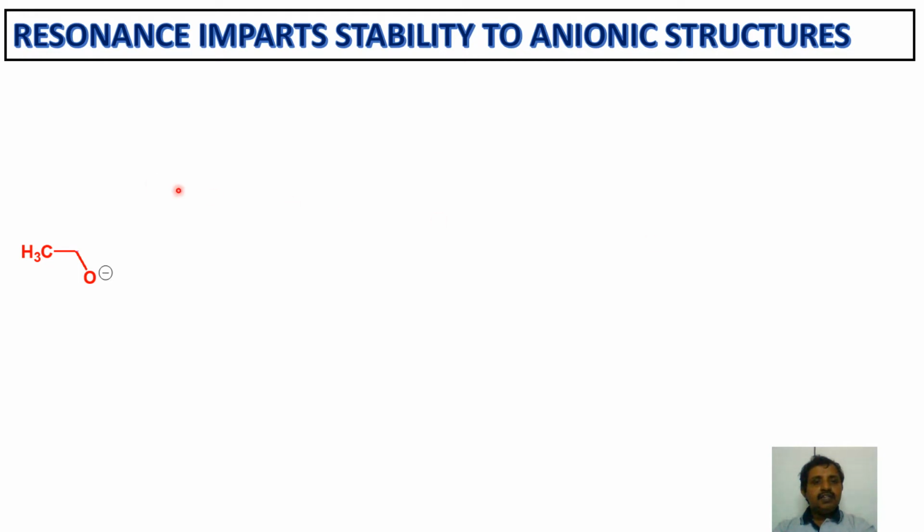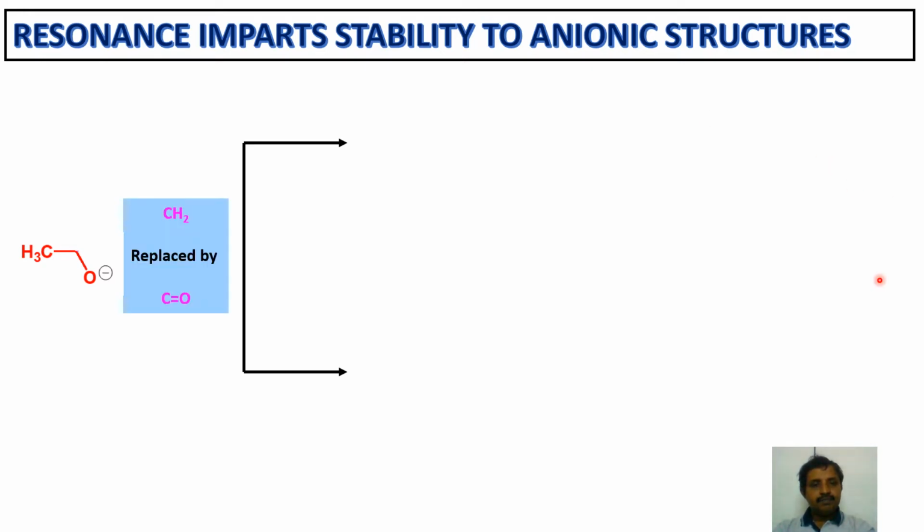Now, resonance imparts stability to anionic structures also. Let us discuss here. This is the molecule with a minus charge, or oxygen bearing a negative charge. Here, when CH2 is replaced at this carbon, you will get a structure like this.